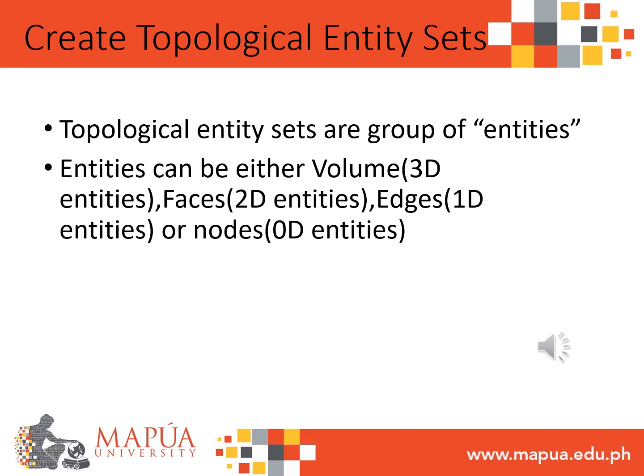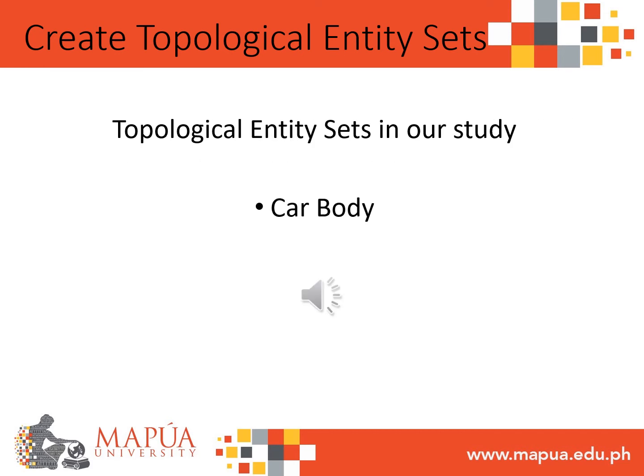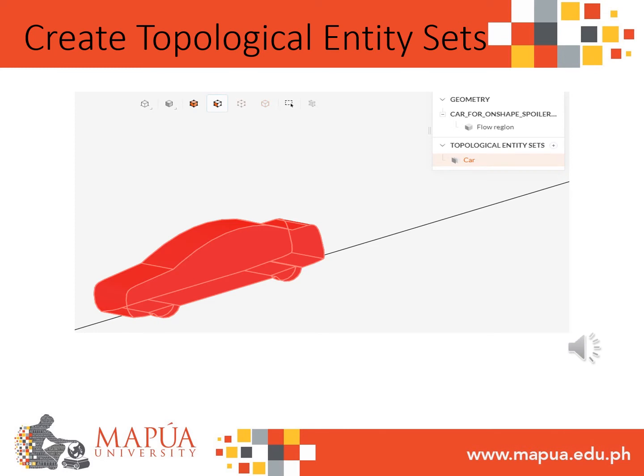Topological entity sets are groups of entities. These entities can be volumes, faces, or edges, and they can also be nodes. In our study, we will only be using one topological entity set, and it is the car body. We have the body of a car as our topological entity set.